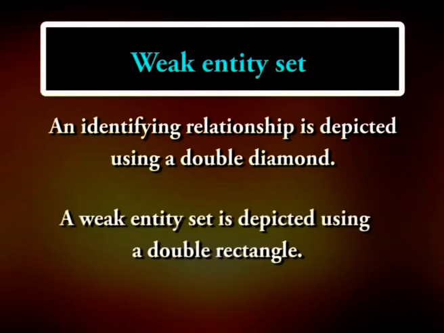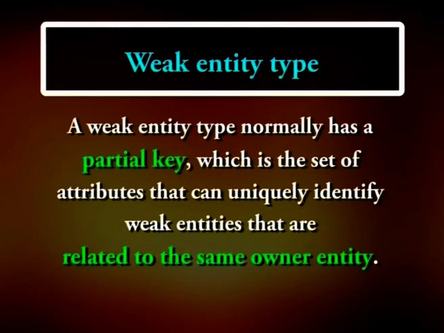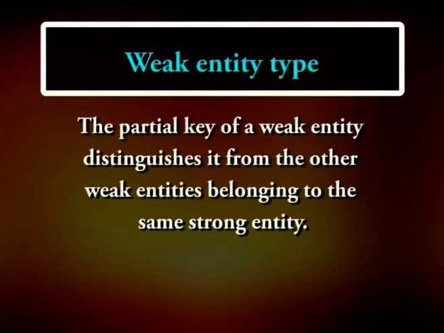A weak entity set is depicted using a double rectangle. A weak entity type normally has a partial key, which is the set of the attributes that can uniquely identify weak entities that are related to the same owner entity. The partial key of a weak entity distinguishes it from other weak entities belonging to the same strong entity.